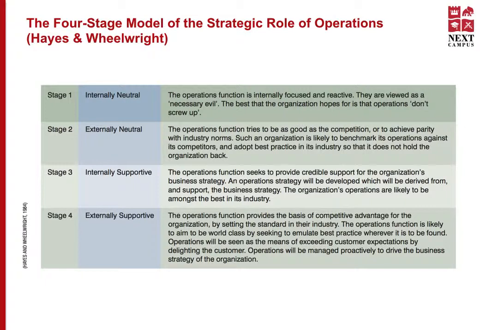The operations function is likely to aim to be world-class by seeking to emulate best practice wherever it is to be found. Operations will be seen as the means of exceeding customer expectations by delighting the customer. Operations will be managed proactively to drive the business strategy of the organization.